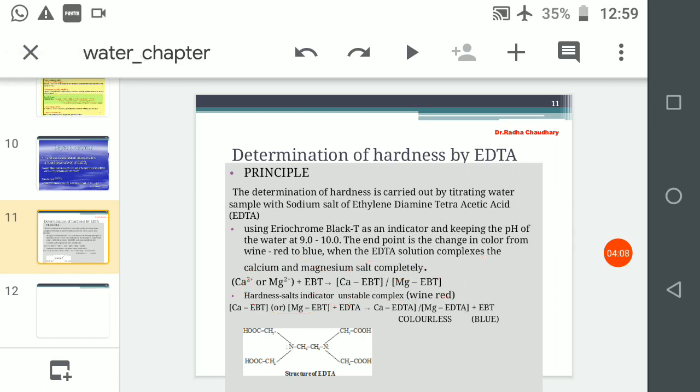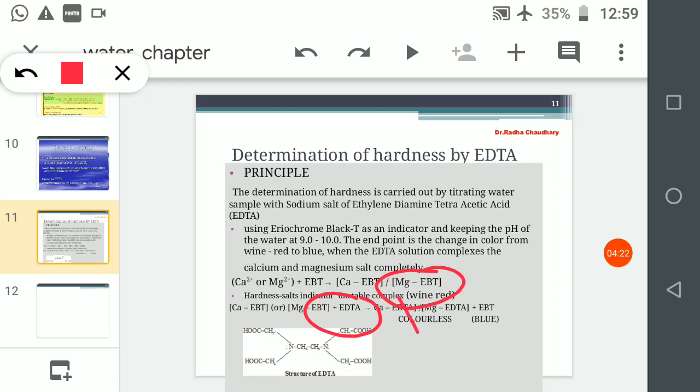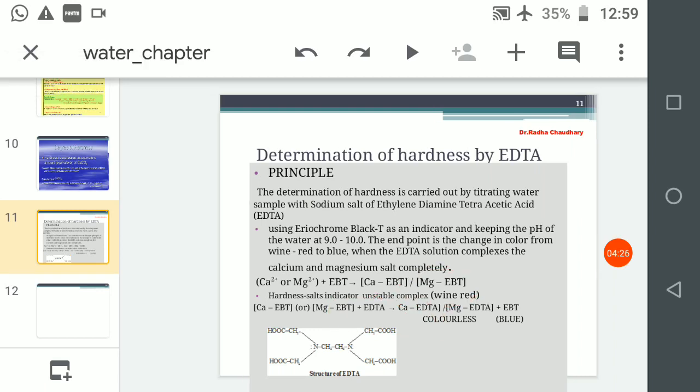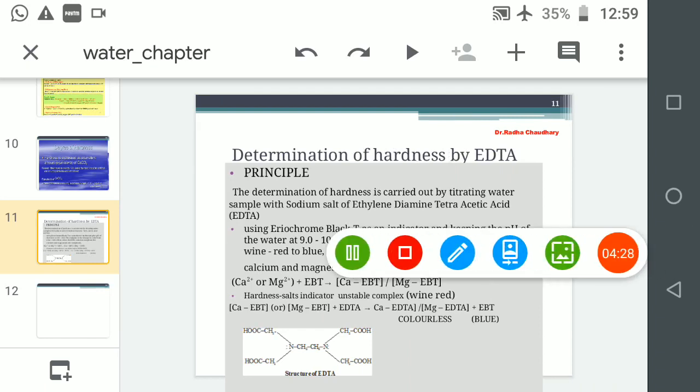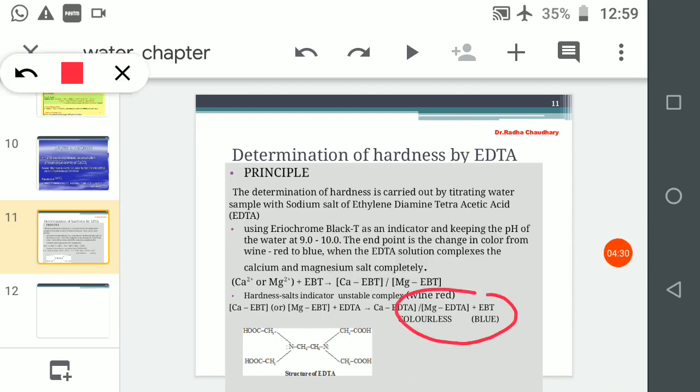When this wine red solution is titrated with the EDTA, the calcium and magnesium ions of this complex are released and react with the EDTA and form the calcium magnesium EDTA complex.